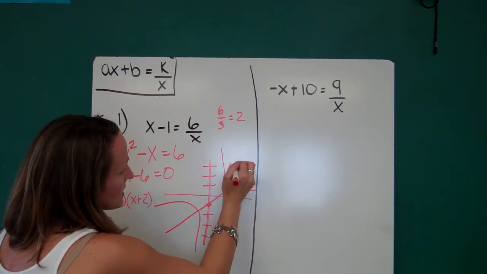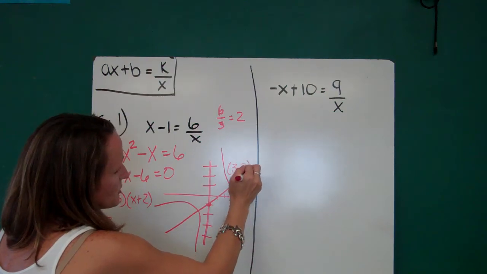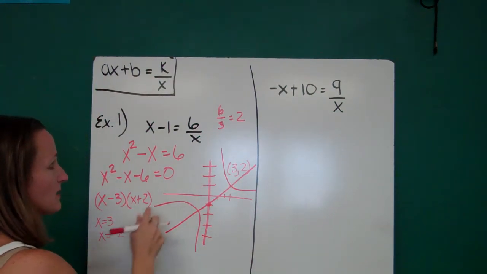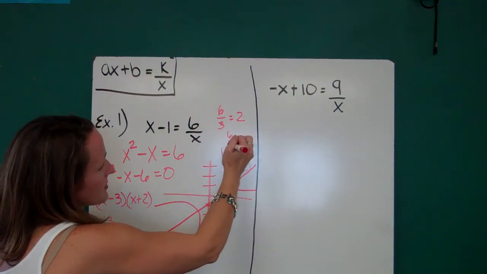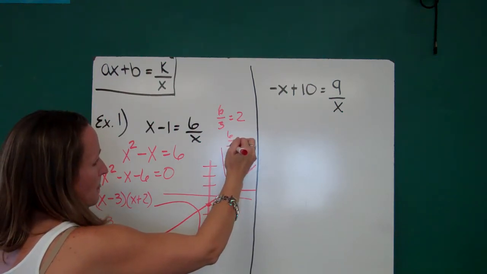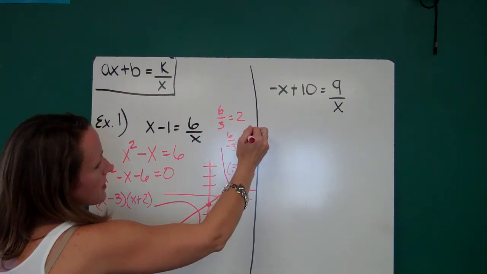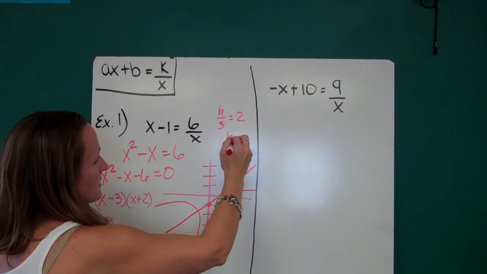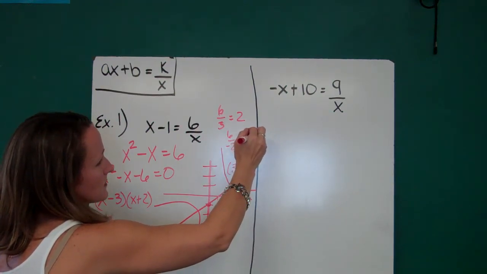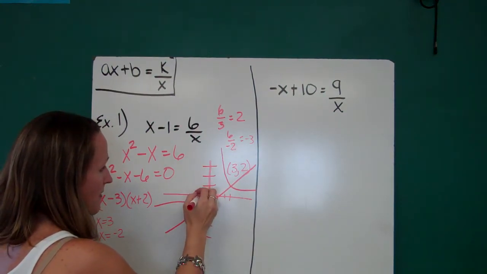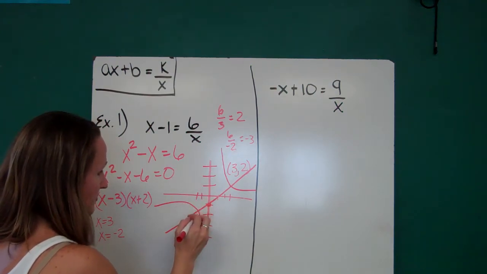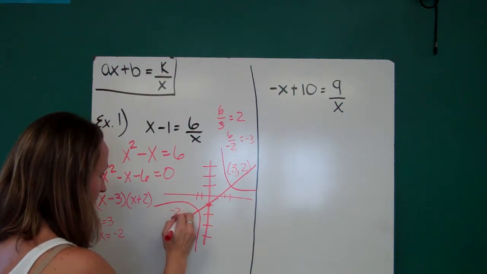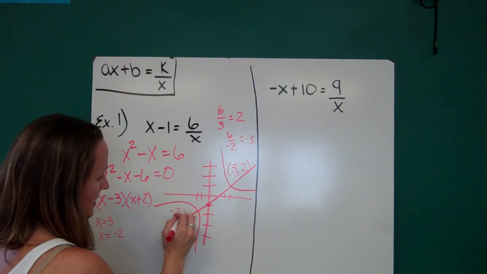So up here it's crossing at 3, 2. I'm going to take and plug in my -2. Whoop, sorry, that should have been -2. Down here, it's crossing at -2 and -3.